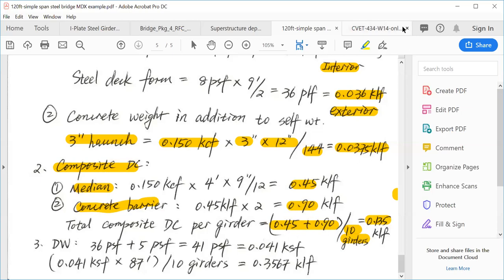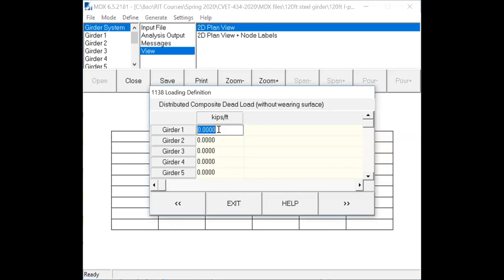Okay, 0.135. That's for the composite dead load, including the median and the barrier on each girder line.